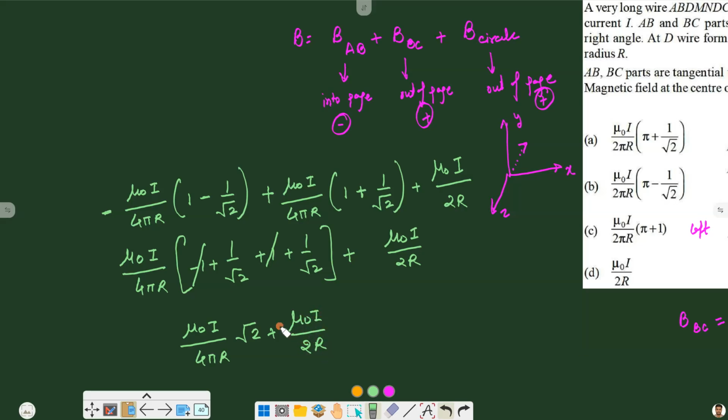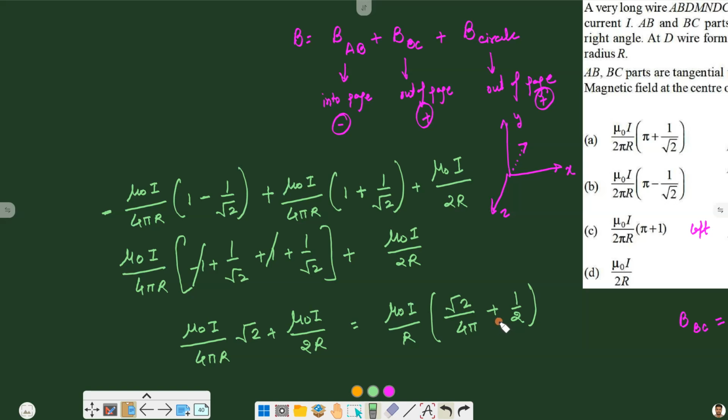Now what can we take? We can take mu node I by R common. We will be left with root 2 by 4 pi plus half.